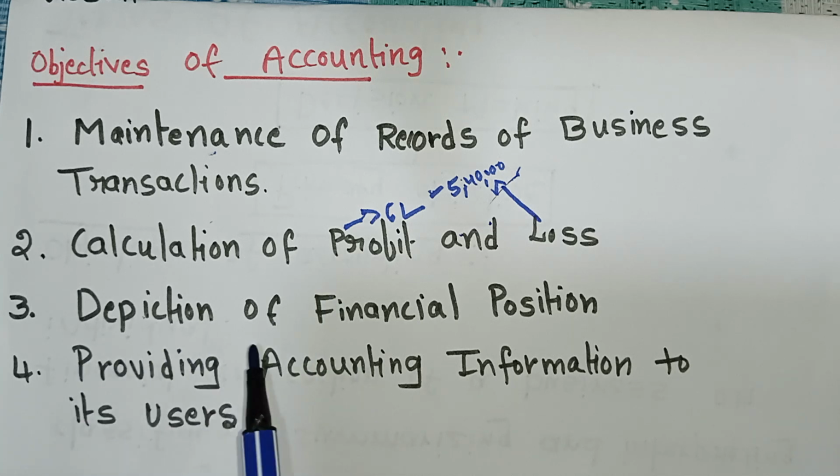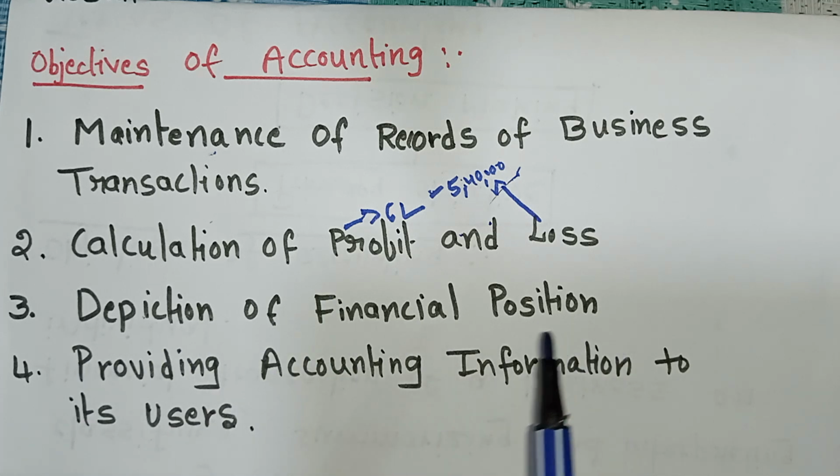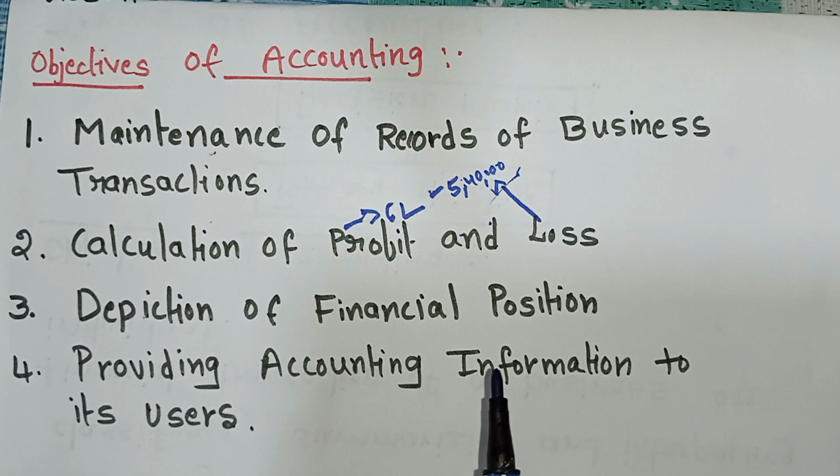And third one is depiction of financial position. Here we need to prepare the balance sheet. It will give the details about assets and liabilities of an organization. And fourth one is providing accounting information to its users for informed decision making. Okay, so these are the objectives of accounting.